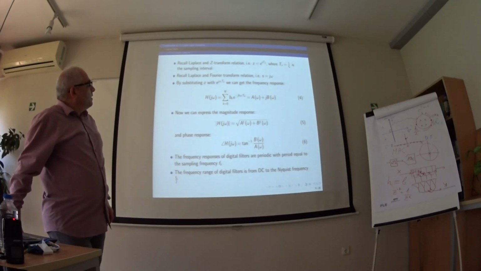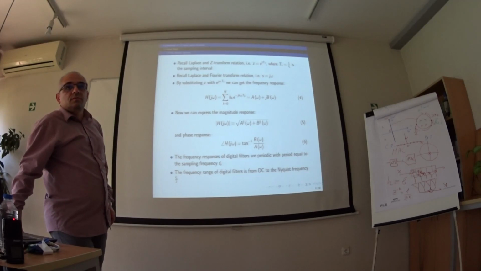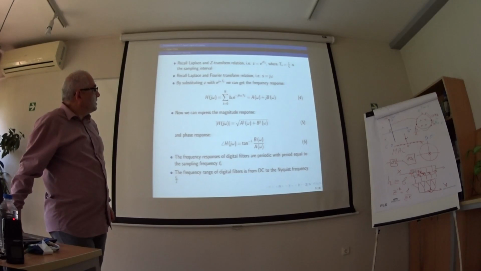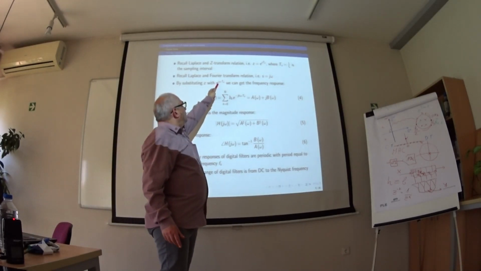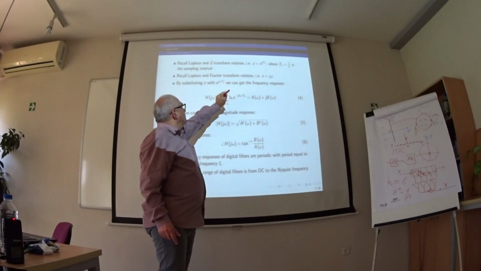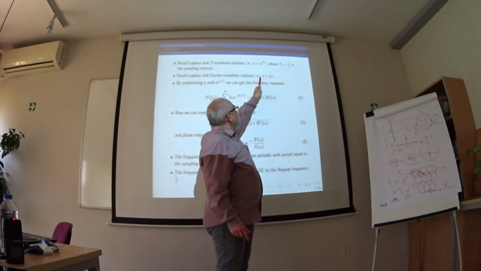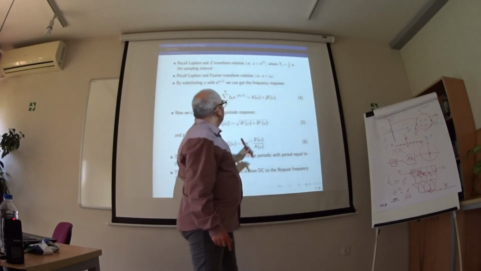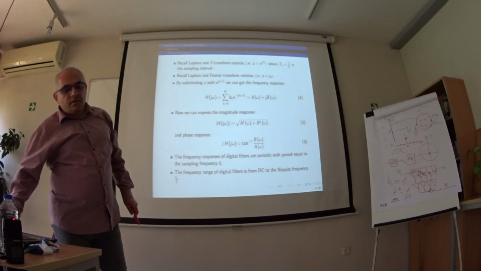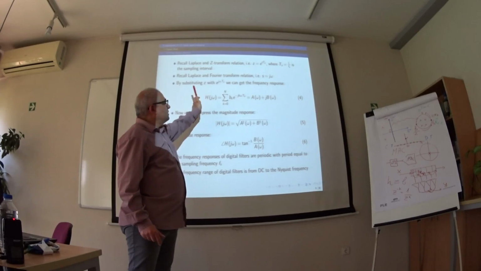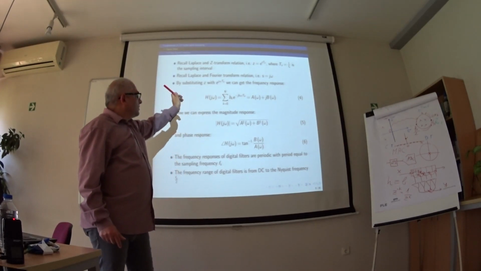We can find the frequency response because this system is a filter. We want the frequency response. If we substitute Z with e to the power of j omega Ts, and we consider the relation between Fourier and Laplace, instead of H of Z we can get the frequency response, which is a complex function.